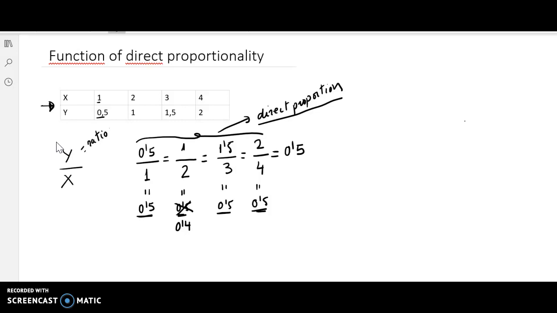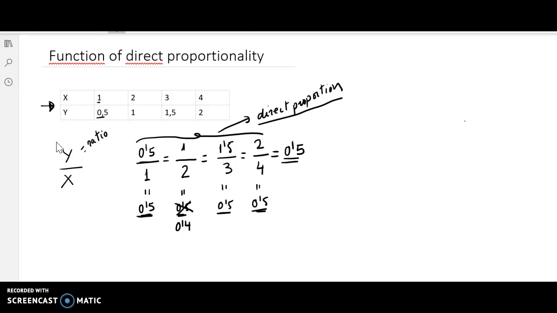In this case, this is a different type of function, but not a function of direct proportionality. Well, so we have said that this function is a function of direct proportionality because we get the same number when we divide each ratio.